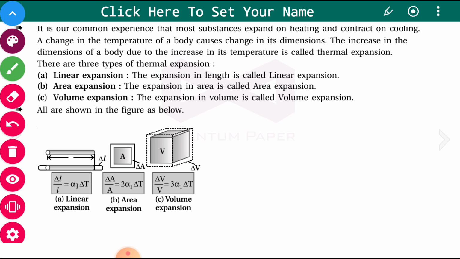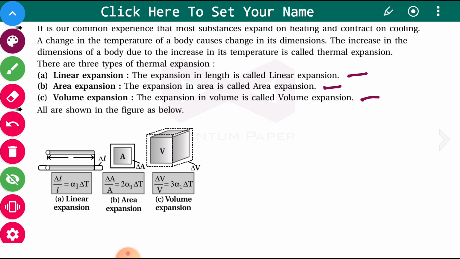There are linear expansion, area expansion and volume expansion. In linear expansion the length increases; area expansion is two-dimensional, so area expands; and volume expansion is 3D, so volume expands.